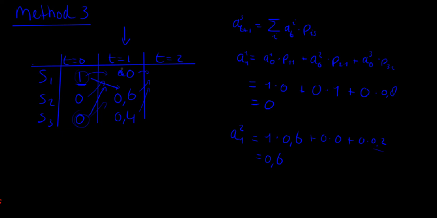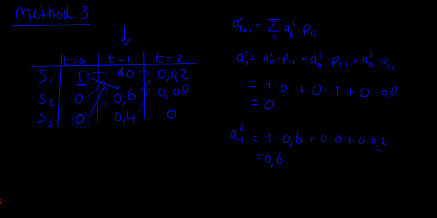So this value will actually be 0.92. In the same way we calculated for this, it is 0.08. And for the last one, for state 3, it is 0. We cannot get back to state 3. And this is the third method, which is easier to calculate, better than the whole matrix multiplication.